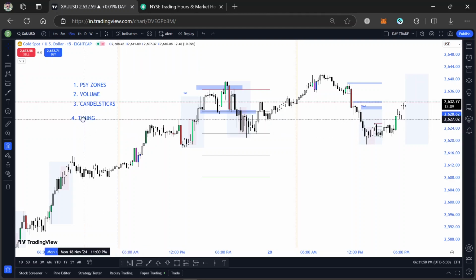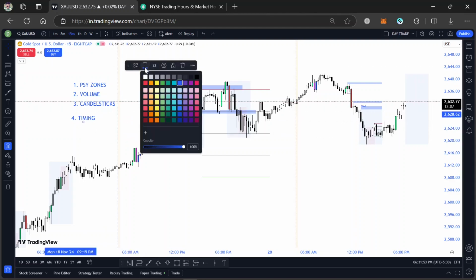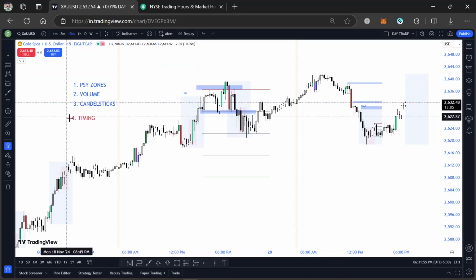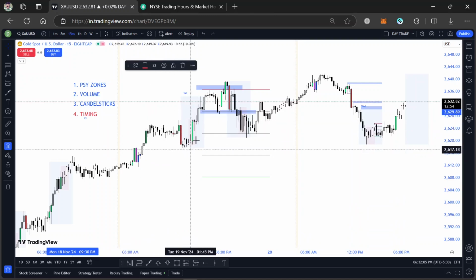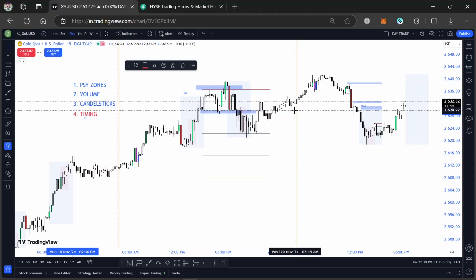Why is timing really important? Timing is important because the market is open 24 hours, and the market makes a few moves, like this is where the Asian market is open, and this is where the London market opens. The market is open 24 hours, but as a day trader, you are not going to be available on the screen 24 hours.